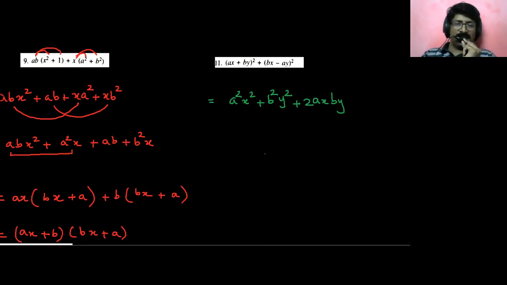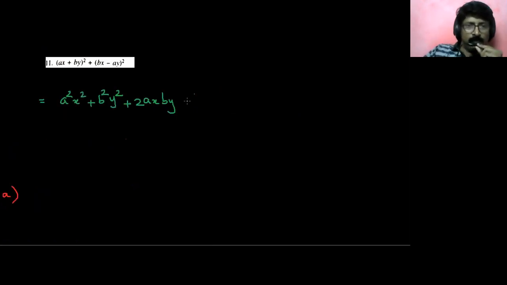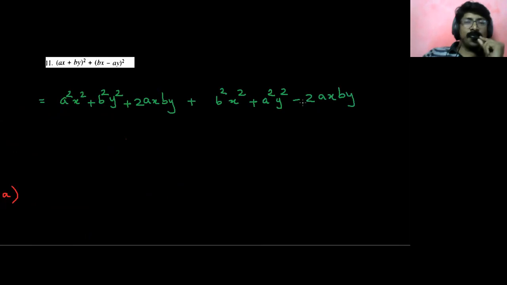That is it, isn't it? Now, what is the second bracket opening? Plus b square x square plus a square y square minus 2axby, and now this is the complete expansion of these terms, isn't it?